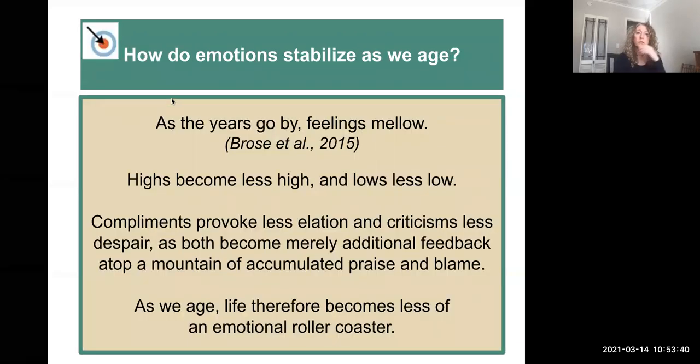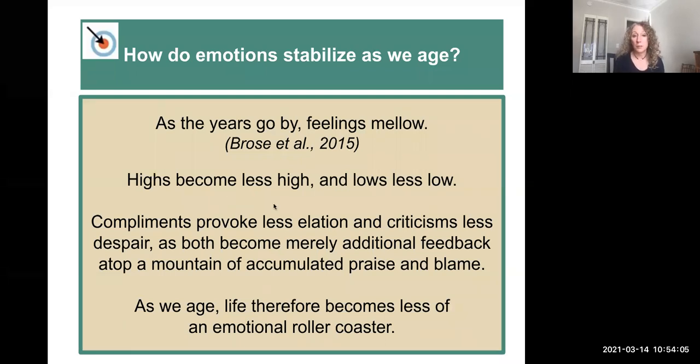And one other piece of encouraging news, because I feel like we hear a lot of negative changes that occur, is we start to mellow our emotions. Maybe the negative of that is we don't get overly excited over really positive experiences, but yet we also don't get really upset over really negative experiences.